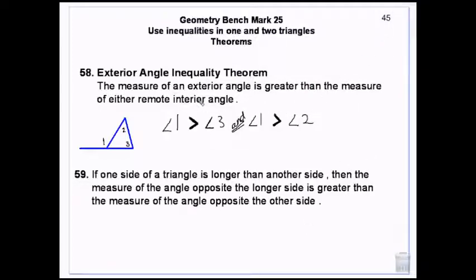So this outside angle is going to be greater than either inside angle. And that makes sense because remember we had a theorem that said these two added up to make this one, so it would have to be bigger than both of them individually if it's equal to them together. Does that make sense?